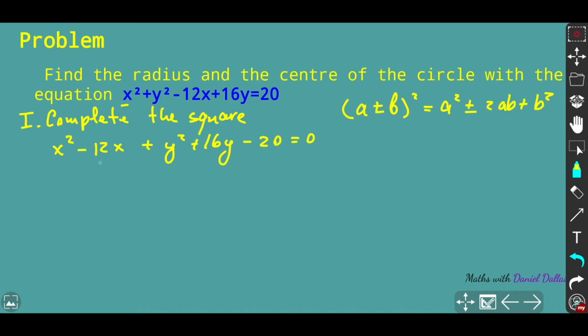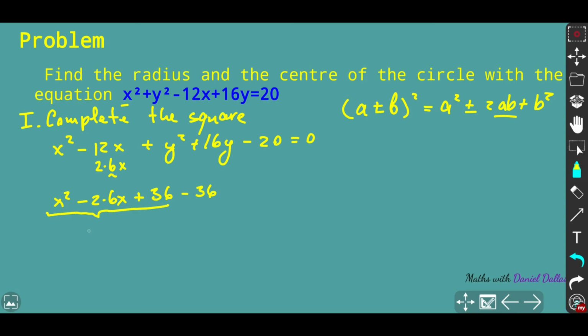So obviously the last term, which is b squared, is going to be 6 squared, because that's the only number in between according to the formula. That means we add 6 squared, which is 36, and we immediately take it away in order to keep our expression unchanged. As you can see here, this is already a completed square because it fits the formula.